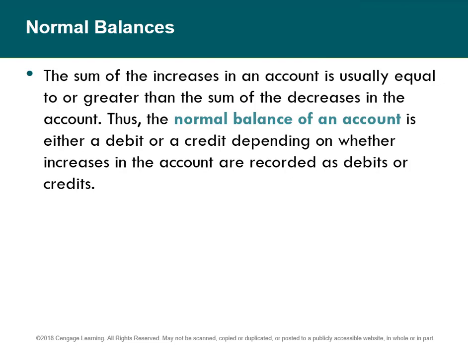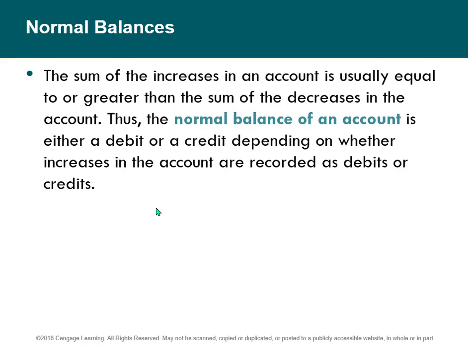Oh yeah, normal balances are important. You're not going to have negative cash, right? Or negative prepaid rent. It doesn't even make sense. You're not going to overpay your bills generally. So accounts have what we call normal balances, and the normal balance could either be a debit or a credit.